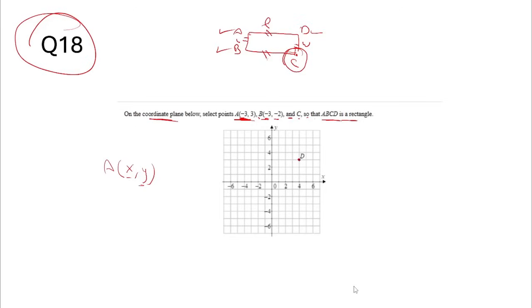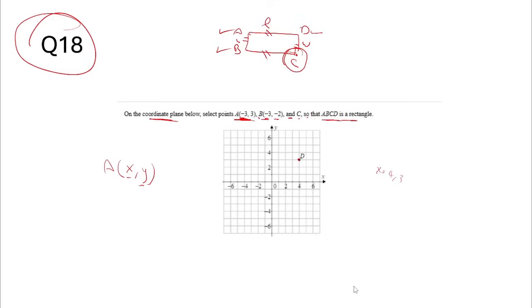So this is the X and this is the Y, right? So let's see this D. If we move from 0 to X, 1, 2, 3, 4, that means X equals 4. And to go to D, we have to move 1, 2, 3 in Y. So 3.